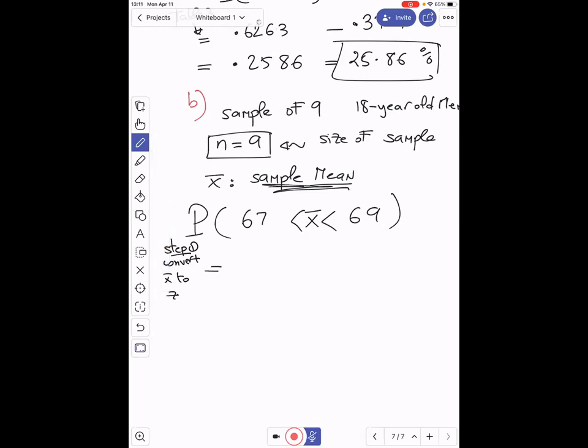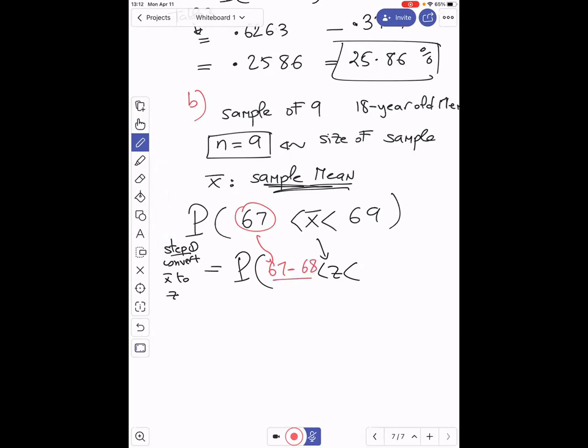So this is the probability that... convert X bar to Z. Now we're going to convert this value of X bar, which is 67, to a value of Z. So that's 67 minus the same population mean, which is 68.